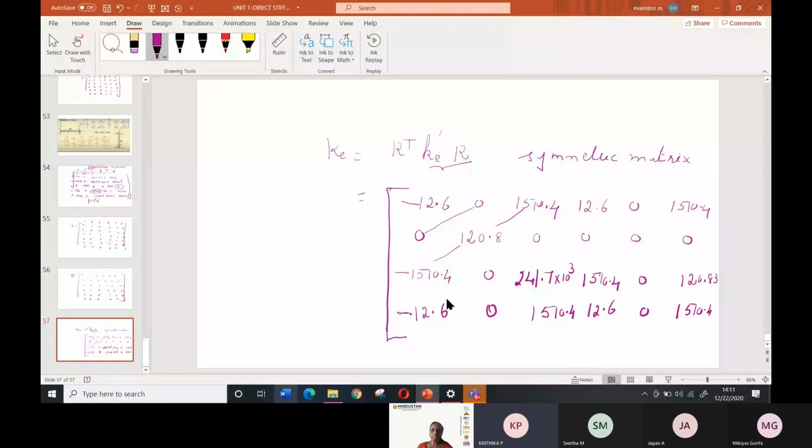So if you construct this one, where are we in that? This line should be symmetrical. We check this one.